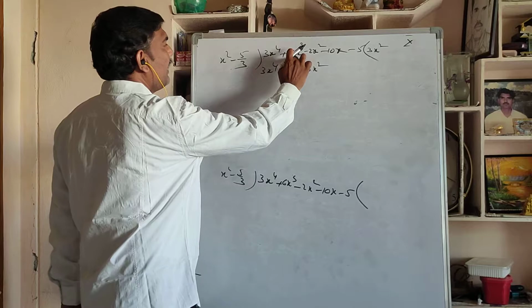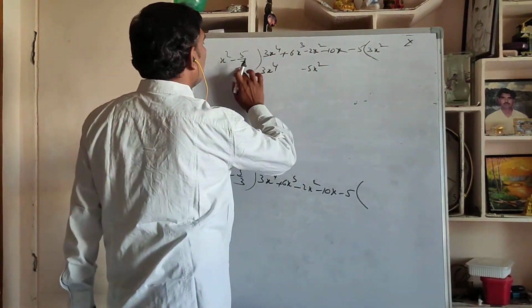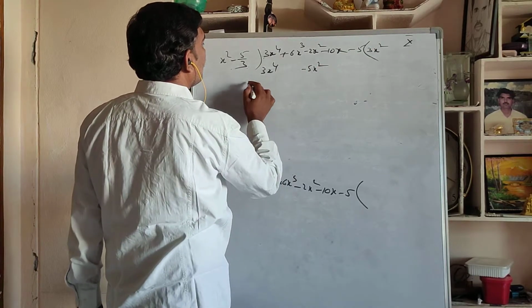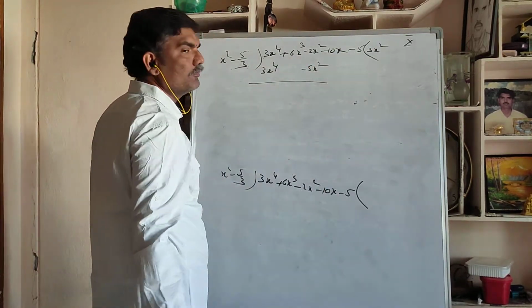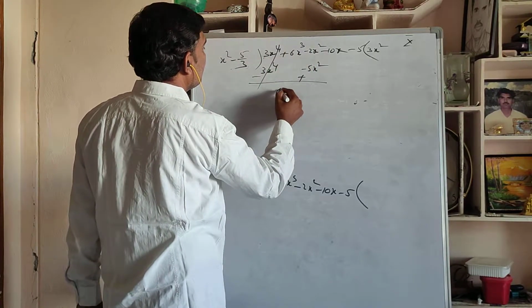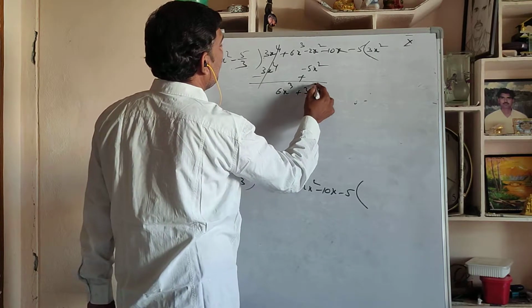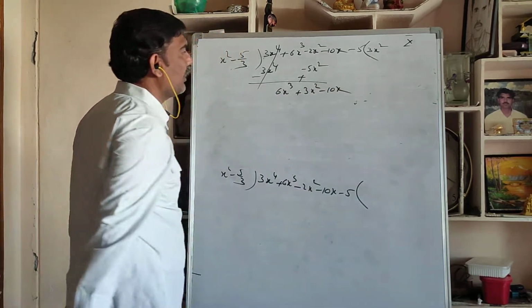See, I am not writing below the x^3 term, because if you multiply these two, you will get x^2 only. So I am writing below x^2 only. Symbols change, cancel it. This as it is with the symbol copied. These two added up give plus 3x^2, and minus 10x I am taking down.